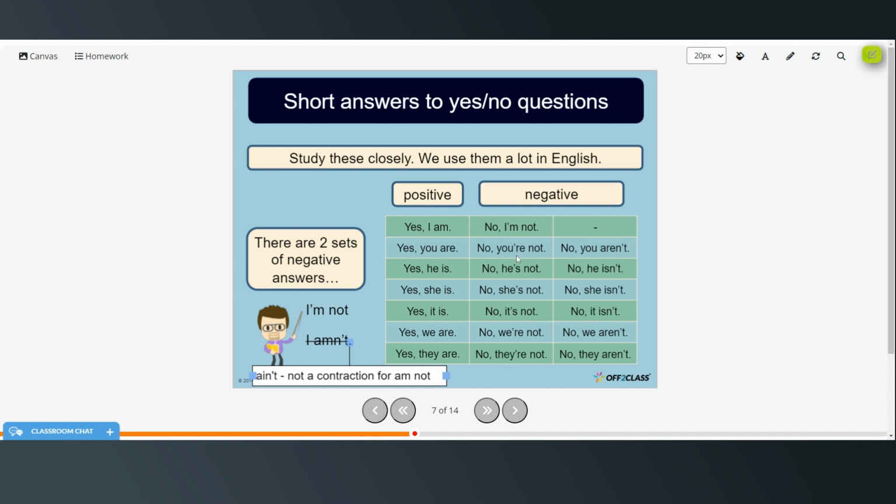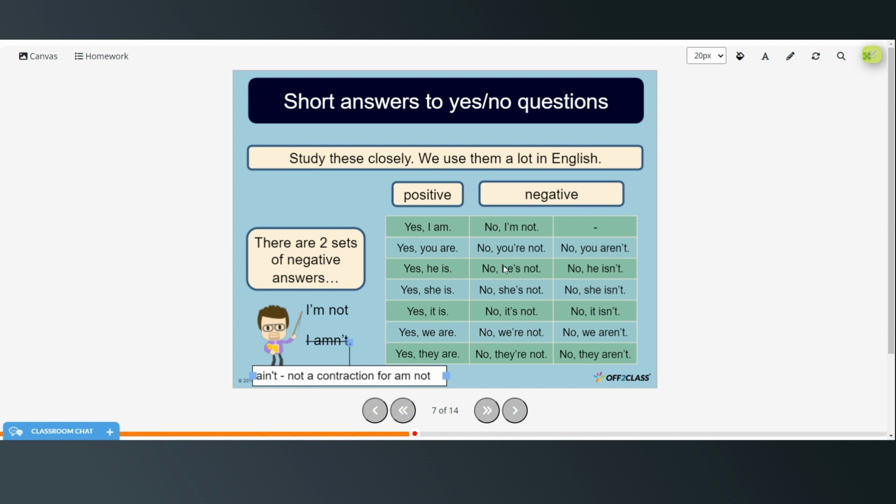So no, I'm not. No, you're not. We contract the words you and are. So that's how we come up with you're. Here we're contracting the words are and not. So no you're not or no you aren't. They're both correct. Both mean exactly the same thing. Same thing here with he's.